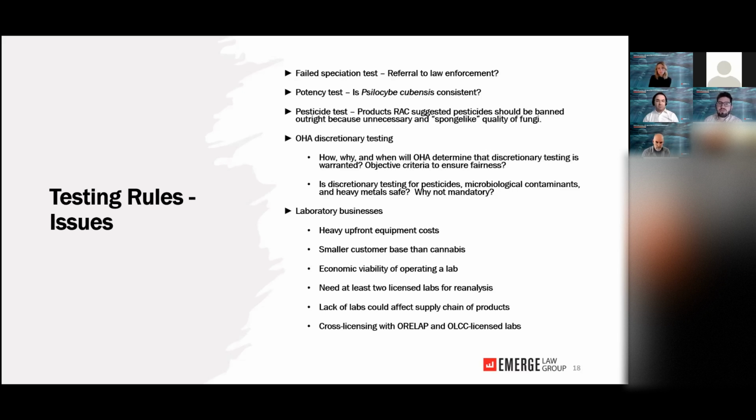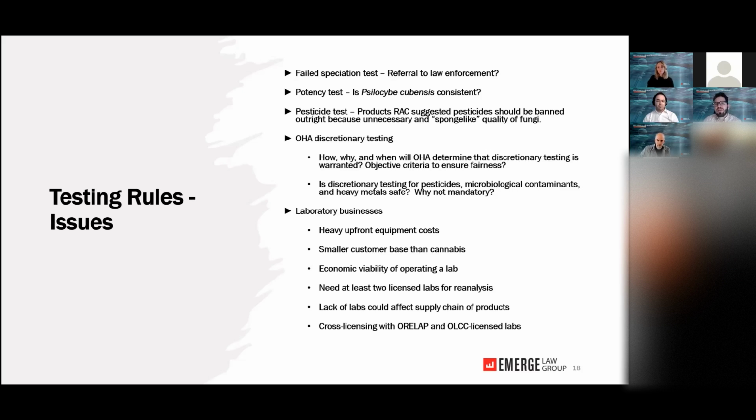And then in terms of potency tests, there's that 20% standard deviation threshold. And the question there is, how much difference is there between individual Psilocybin cubensis fungus? If naturally there's more of a 20% differential from one whole fungi to another, it's going to be hard to pass those potency tests.